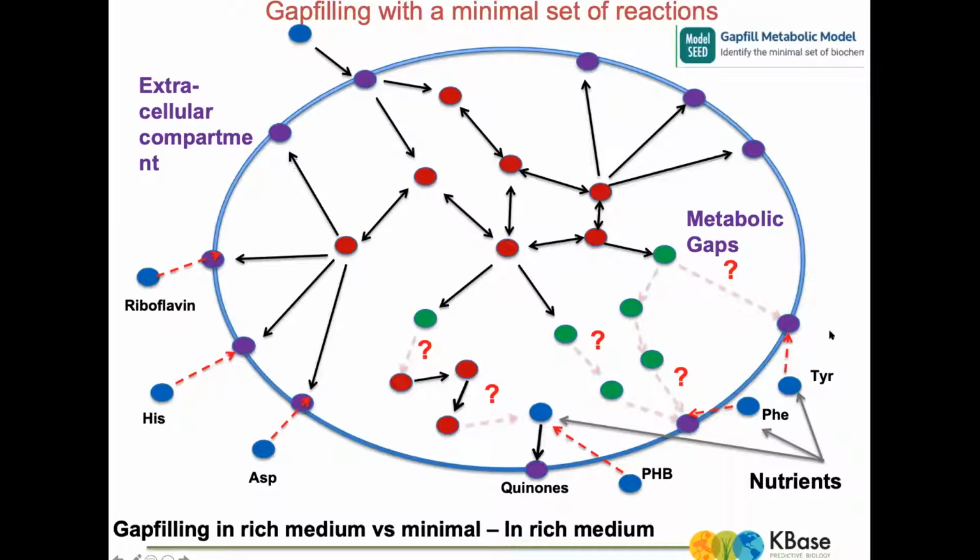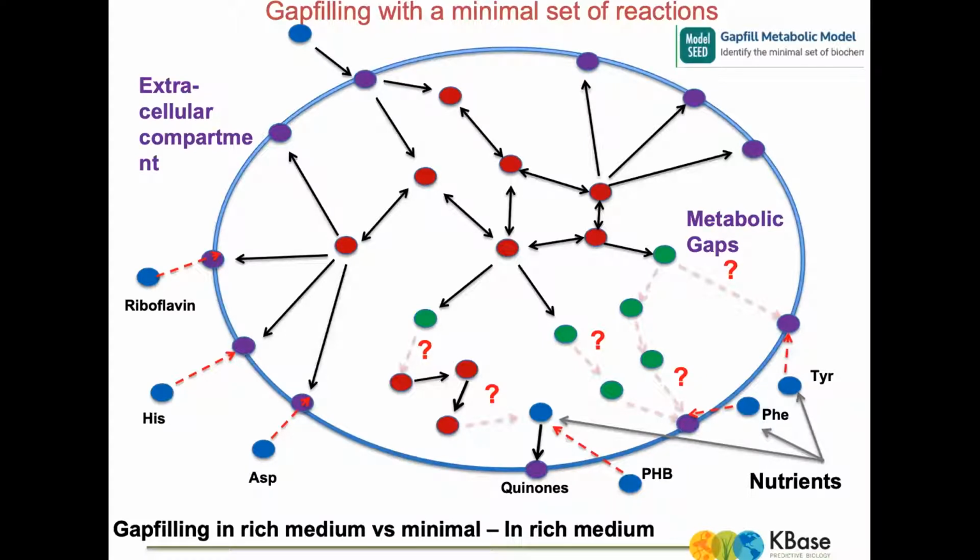This is slightly more complicated than the model earlier. We have these biomass compounds around, we have a reaction network, and we have metabolic gaps. Now, if you try to gap fill in rich medium, the rich medium is like LB. It has all kinds of nutrients in it: amino acids, all kinds of vitamins, quinones, lots of nutrients.